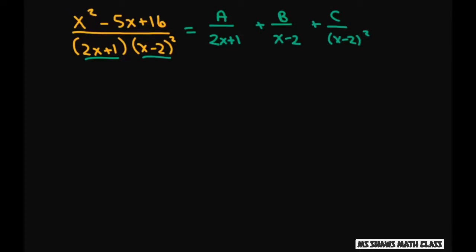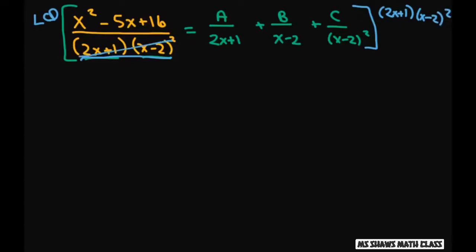Now, what we want to do is eliminate the fraction, so just multiply both sides of the equation by your least common denominator, which is this. So that's 2x plus 1 times x minus 2 squared.